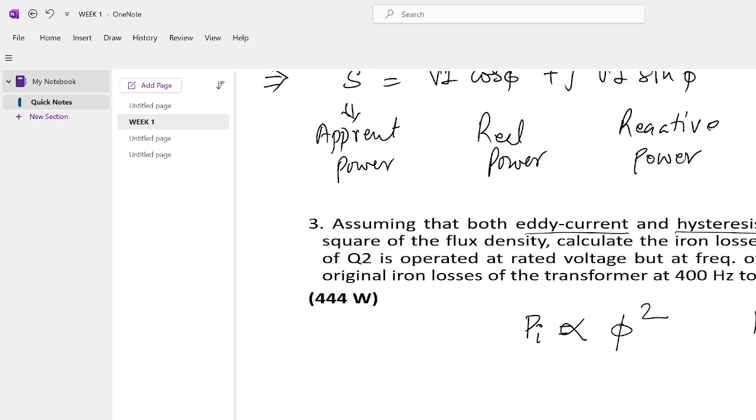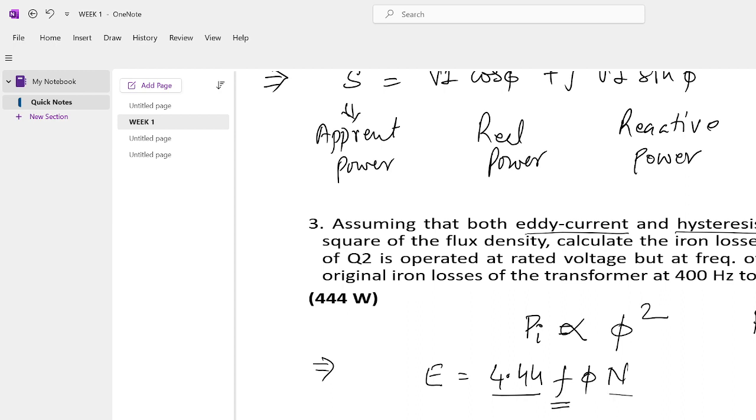It is given that Pi at 400 hertz is equal to 10 watt. Flux will be proportional to V by F. How? You have E equals 4.44 F phi N. Since we are not changing the number of turns, we are changing only the frequency.